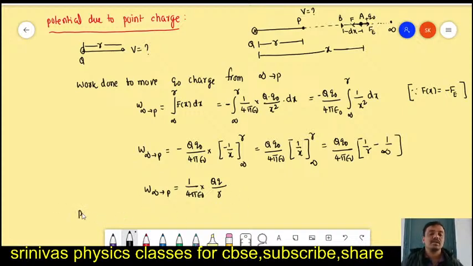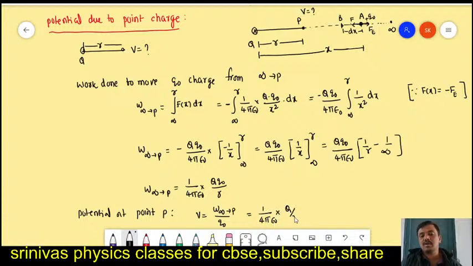I want the potential at point P. How can we calculate the potential at point P? The potential formula is the work done to move from infinity to P by the test charge. That means now we can divide this with small q, that is q naught, not Q. We have divided with q naught, and finally we will get the formula 1 by 4 pi epsilon naught into capital Q by r.